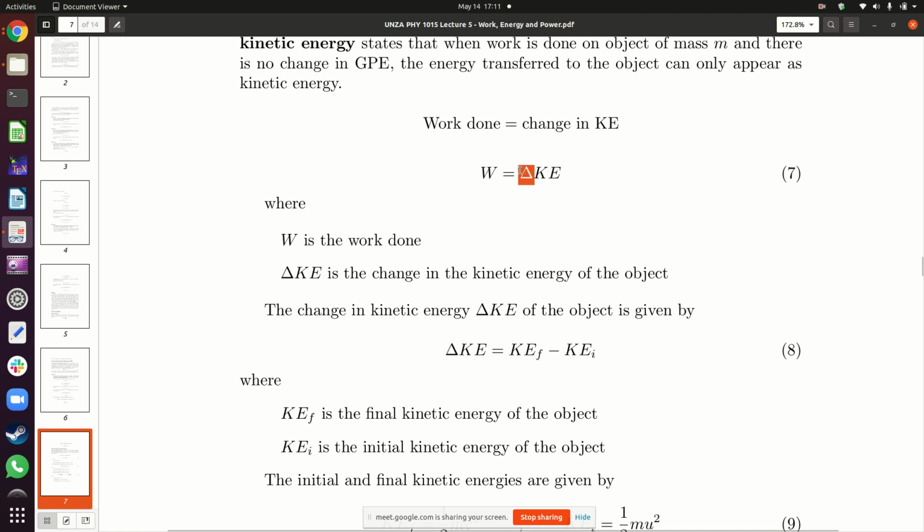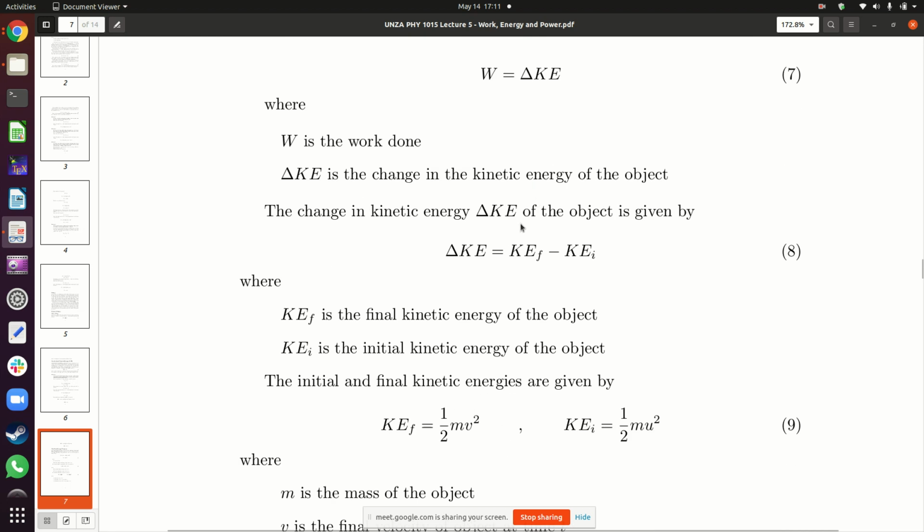The delta here represents a change in kinetic energy. Whenever you have a change in a physical quantity, then we are talking about having a final kinetic energy, which is KEF, and an initial kinetic energy, which is KEI. So your final kinetic energy minus your initial kinetic energy is what is going to give you the change in kinetic energy.